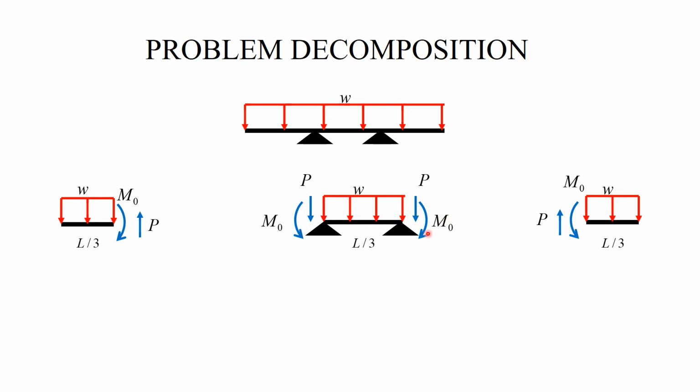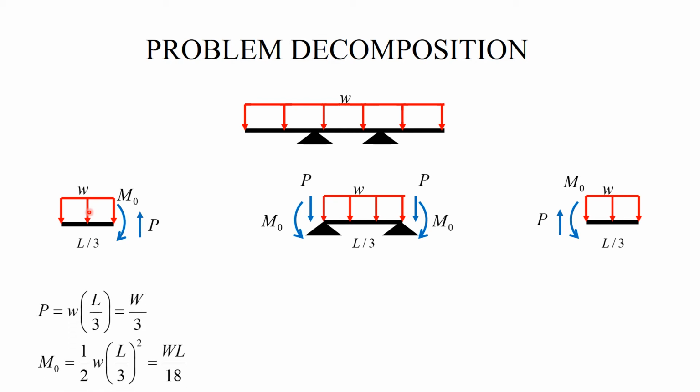The value of M0 and P is easy to find by looking at this free body diagram. So sum of the forces implies that P is equal to W over 3, and M0 could be computed right away by taking the sum of the moments about this point.